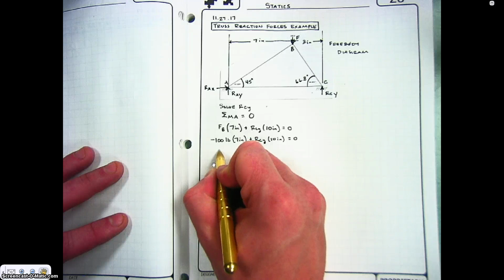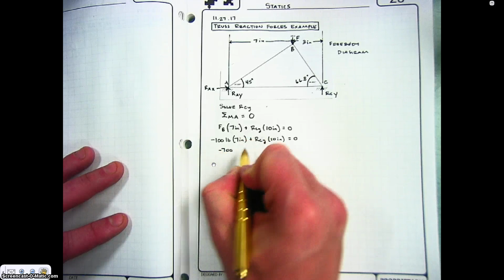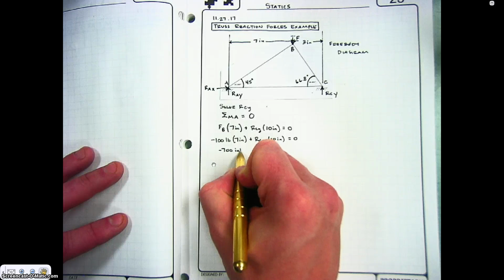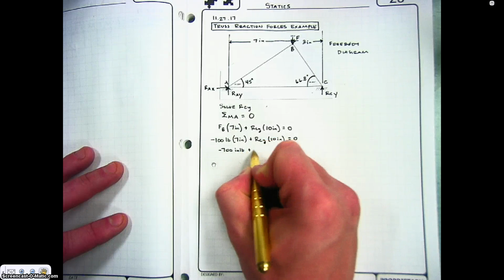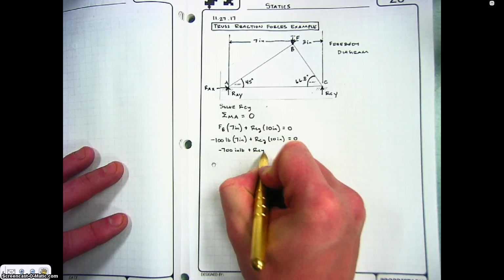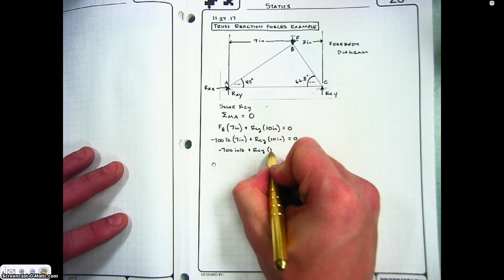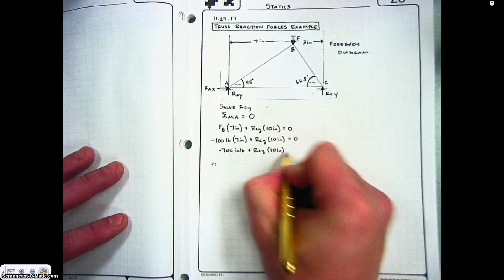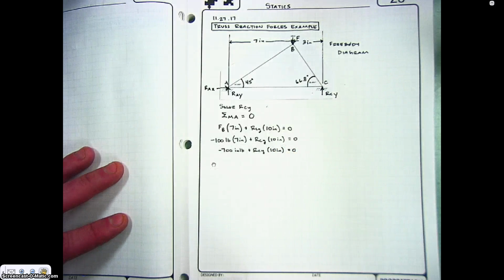Multiply these two, and I get negative 700 inch-pounds plus RCY times 10 inches equals 0.